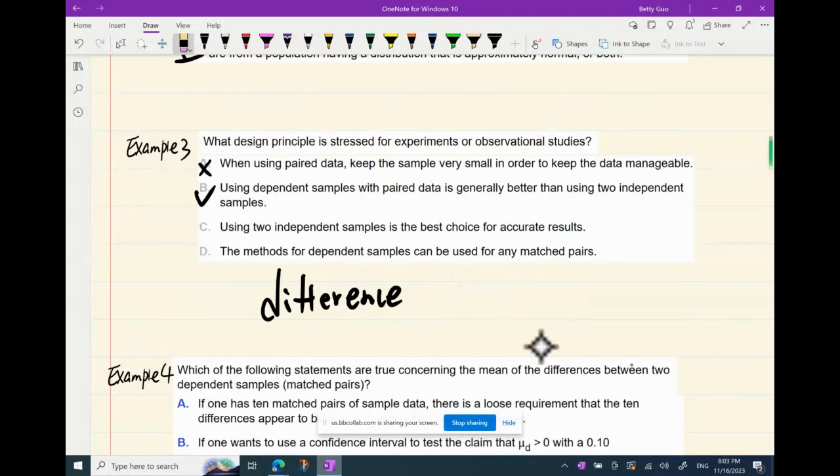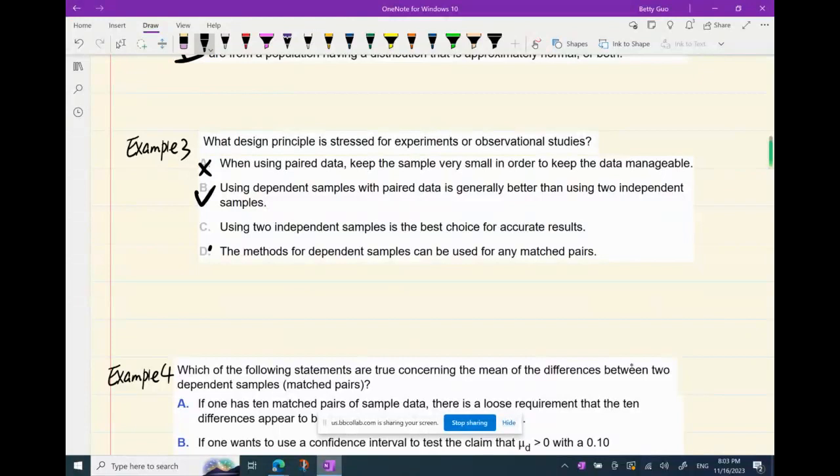This method only works when the difference is meaningful, like IQ scores or measurements. Yeah, we learned four levels of measurement: nominal, ordinal, interval, ratio. A, B, C are ordinal, so the difference like A minus B really doesn't make sense.